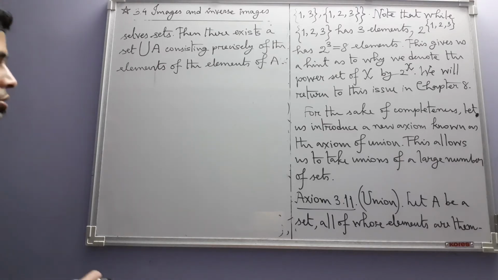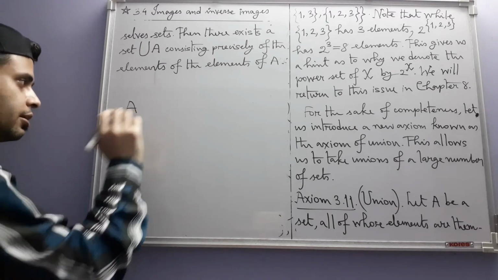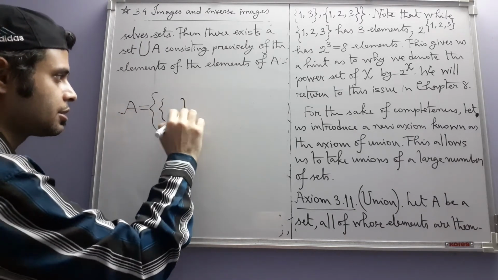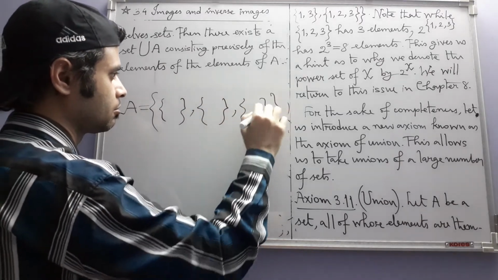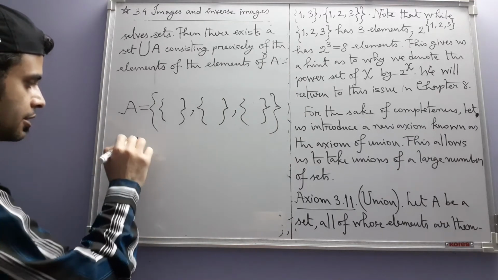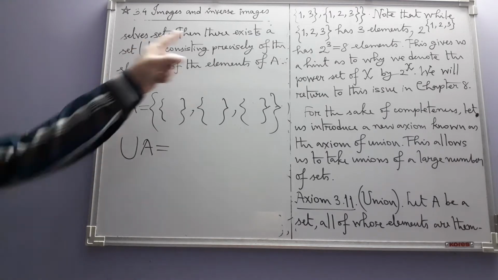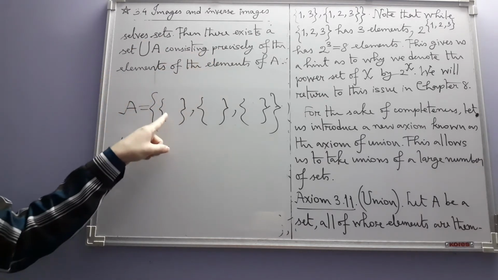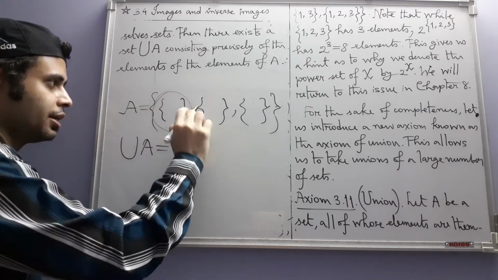Okay, so what we are saying here is that we are given a set A, whose elements are all sets. There may be more. Then there exists a set whose elements are precisely the elements of the elements of A. These are the elements of A, right?